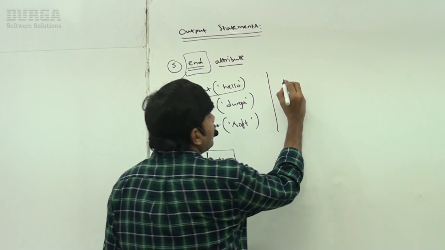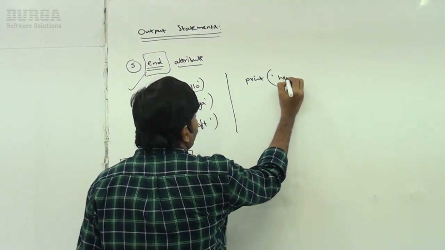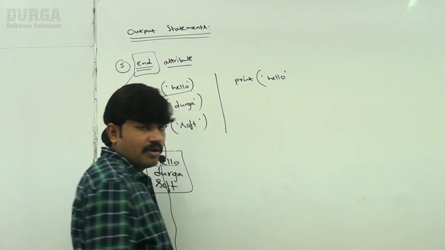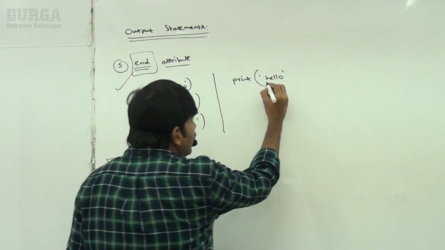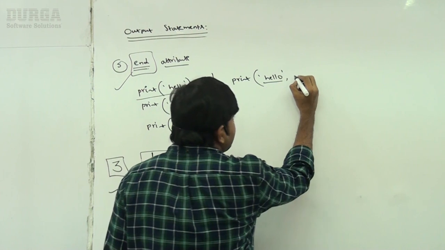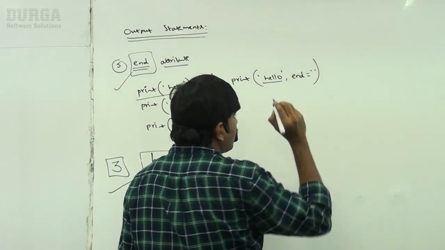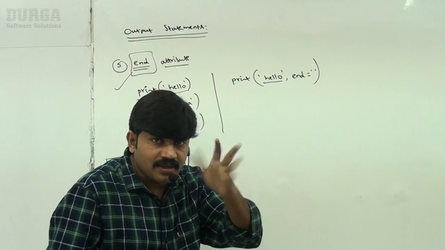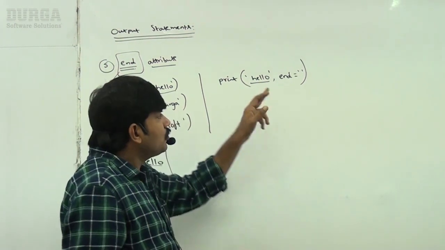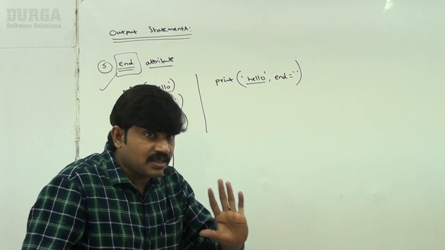Very, very simple. Here I am taking print of hello. After printing hello, don't insert a new line character, just end is equal to a quote open and close, meaning nothing, no new line character. So the next output immediately follows as it is without going to the next line.